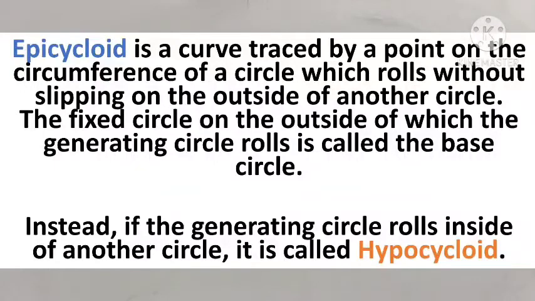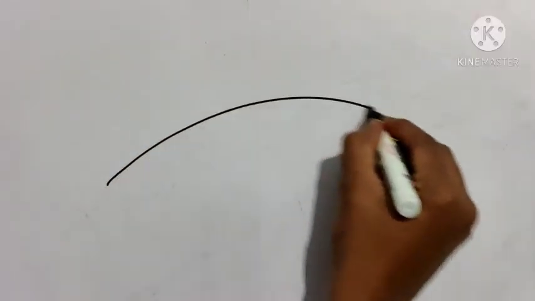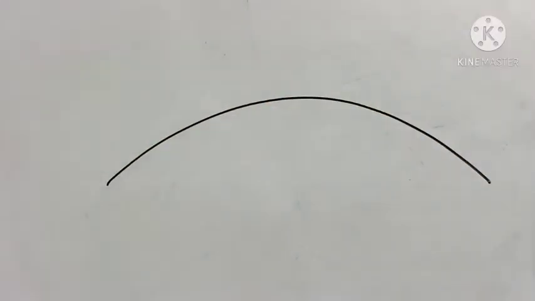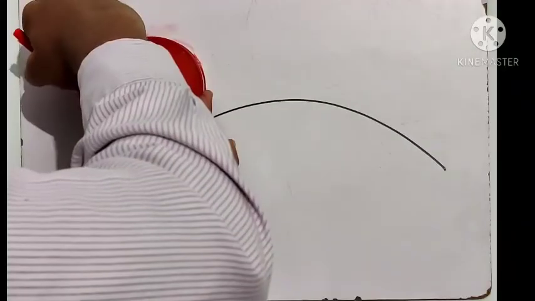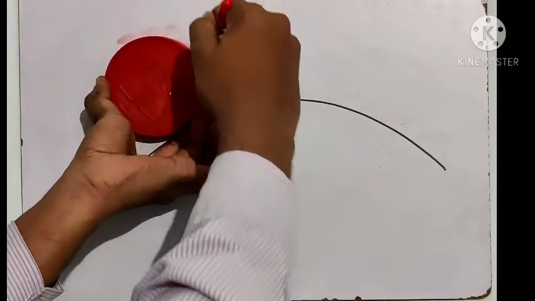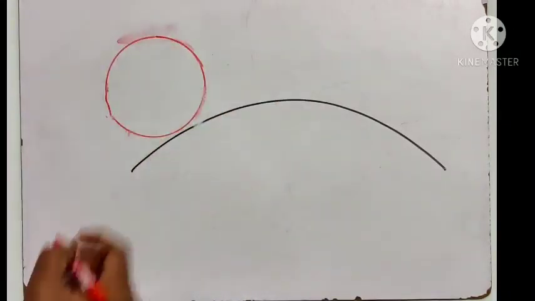Instead of the straight line, if the generating circle rolls over a circle, that is, on a curved path, you will get a cycloid, but that particular cycloid is called an epicycloid. So something like this, I have a base circle, and over that I have a generating circle something like this.